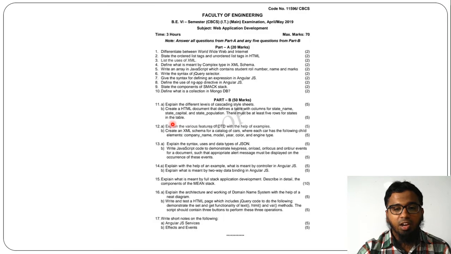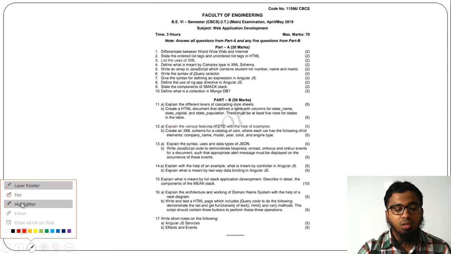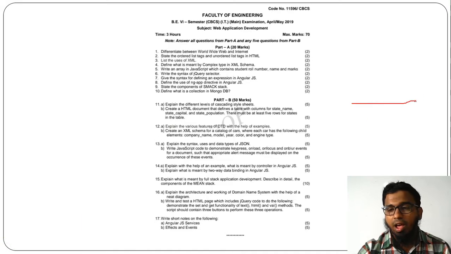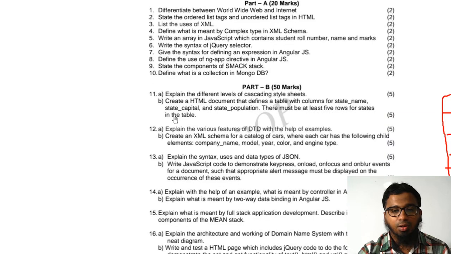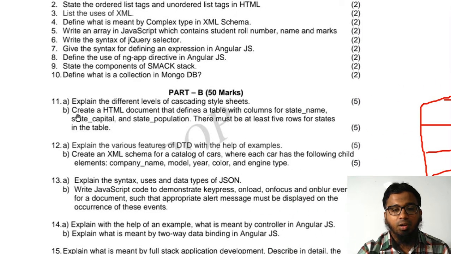Means when you draw the table, at that time you must have the 5 rows. This is the heading, then 1, 2, 3, 4 and 5. Okay, so this is about this answer. Fine, did you understand?